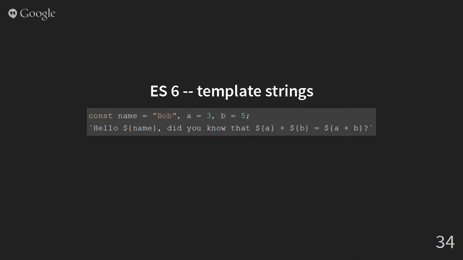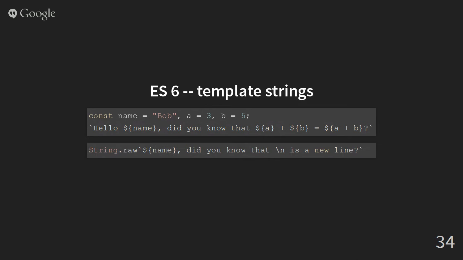Well, basically, there's another thing. This is much weirder. This is user-defined template strings. So you can put an expression which resolves to a function in front of the template string, and that will call that function with complicated parameters.